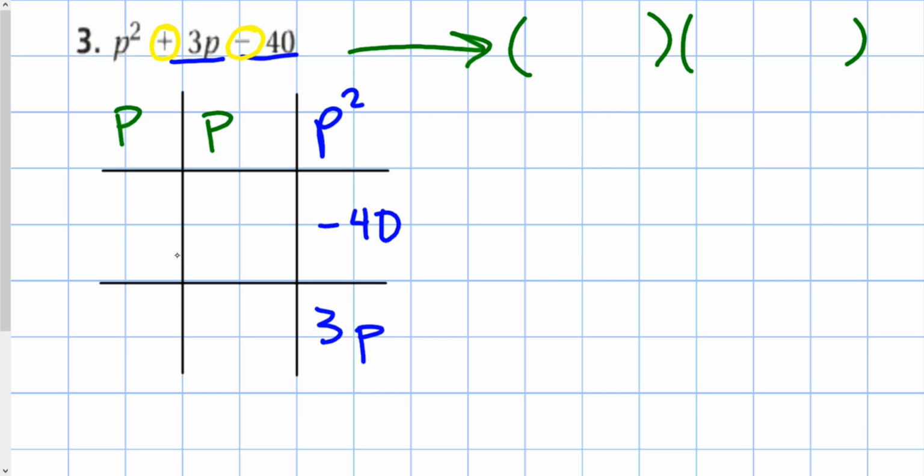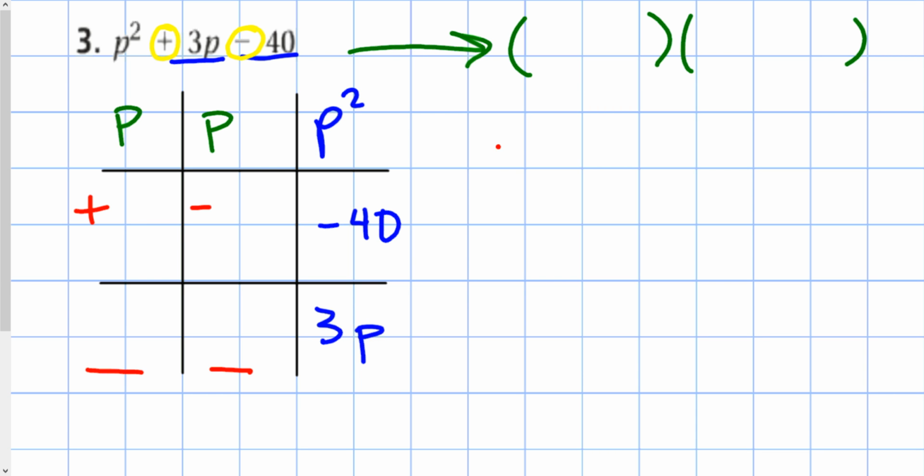There's a plus here in the middle and a minus here at the end. So I have to figure out what two numbers multiply together to give me negative 40. And the only way I'm going to be able to get a negative answer when I multiply two numbers together is if one of them is positive and one of them is negative. Then, when I cross multiply down here, these two have to be added together to give me 3p.